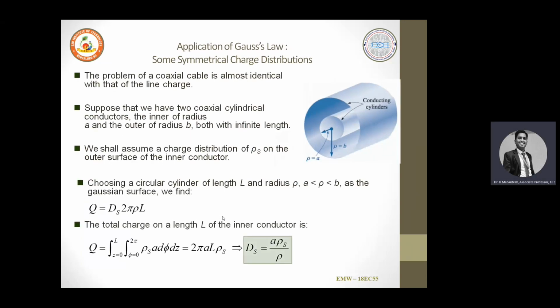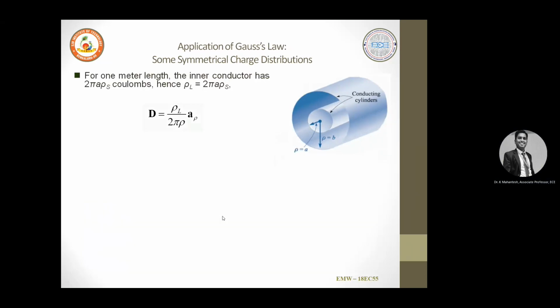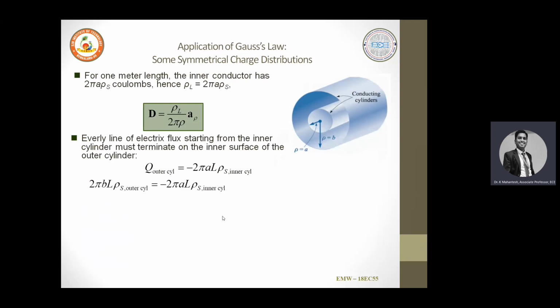So Q on the outer cylinder will be equal to minus 2 pi a L rho s of the inner cylinder. Therefore, 2 pi b L rho s of the outer cylinder, because we have the outer radius as b, is equal to minus 2 pi a L rho s of the inner cylinder. Therefore, rho s of the outer cylinder is equal to minus a by b times rho s of the inner cylinder.